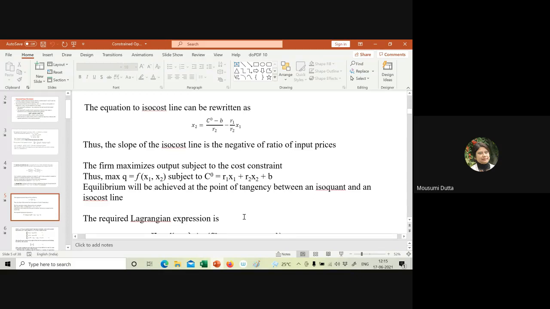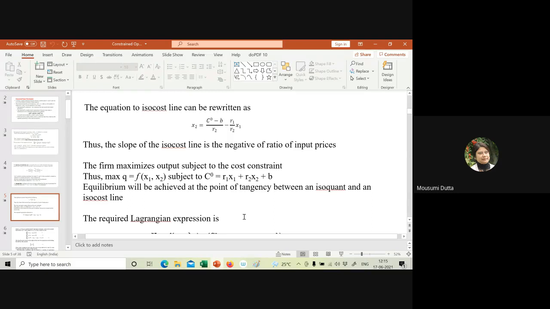From this equation, I hope you understand that if you consider dx2 by dx1, that is the slope of the isocost line, it will be given by minus R1 by R2, or minus dx2 by dx1 will be R1 by R2. So the slope of the isocost line is the negative of the ratio of input prices.